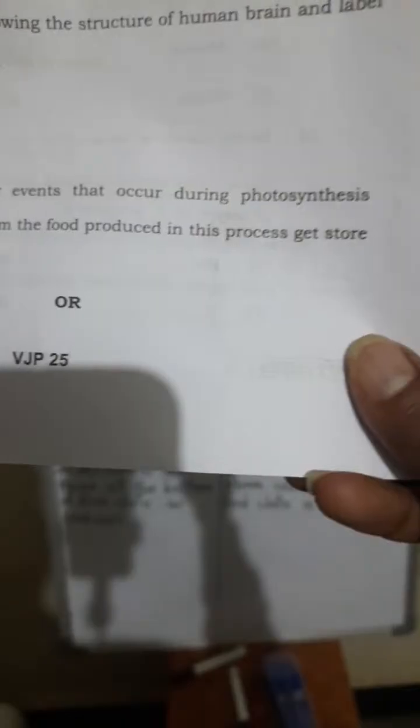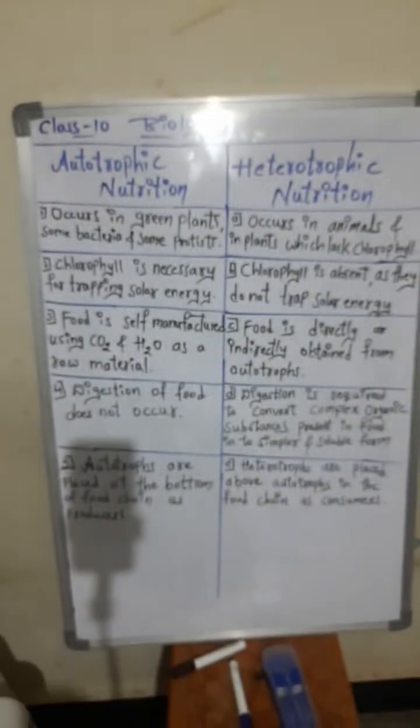The thing we have discussed in this live session, only 5 or 6 classes I have conducted, in that I told you this very important one. Question 35: mention the major events that occur during the photosynthesis process. In what form the food produced in this process gets stored in the plants.